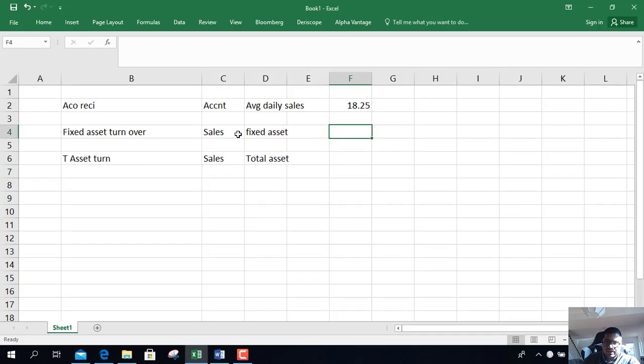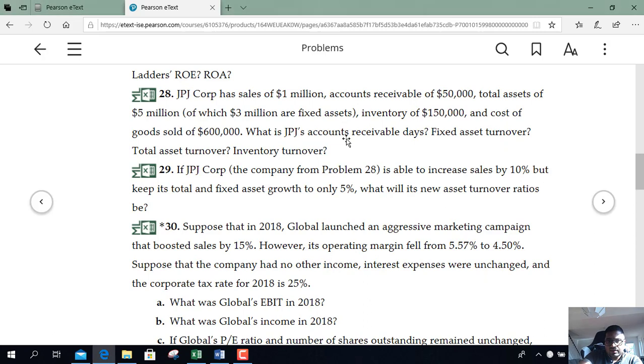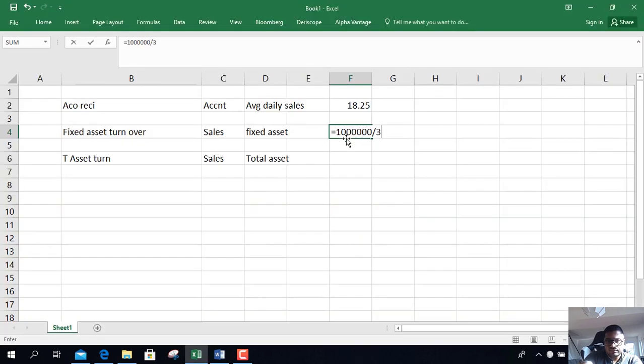Then fixed asset turnover, sales divided by fixed assets. So sales, we know, 1 million, divided by total assets, sorry, fixed assets, that is 3 million. So it's 0.33.